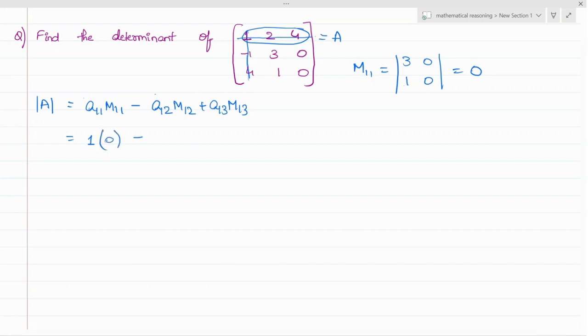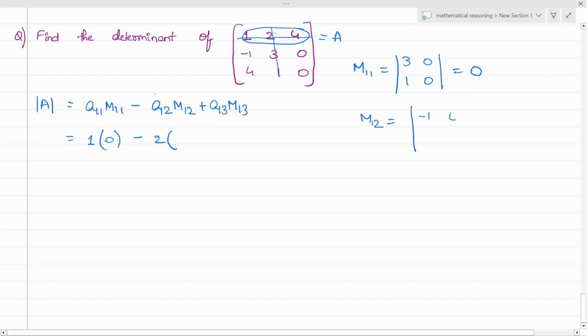So 1 into 0 minus, what is A12? It is 2. So how to calculate M12? Eliminate its first row and second column. So when we do that, the leftover elements are minus 1, 0, 4, 0. Now when you calculate the determinant, the answer you'll get is 0. What is A13? It is 4. How to calculate M13? Eliminate its first row and third column.